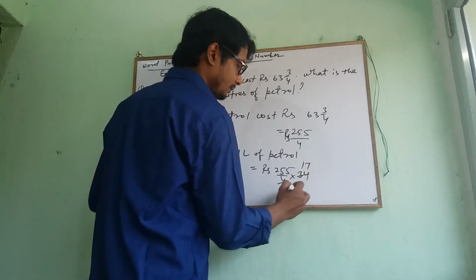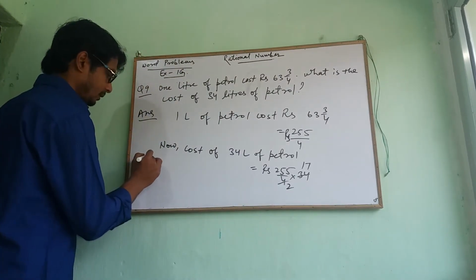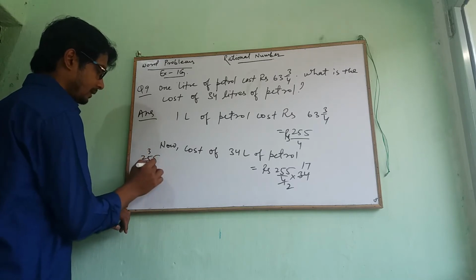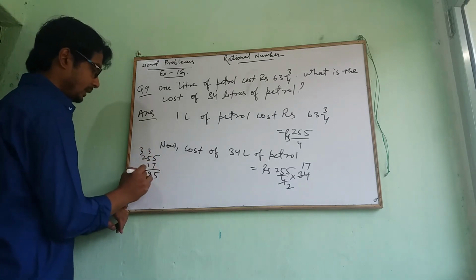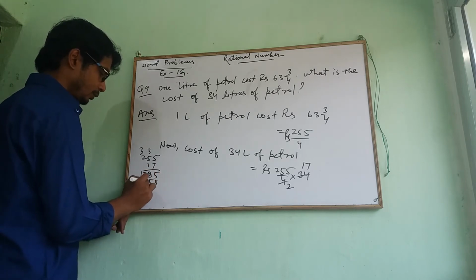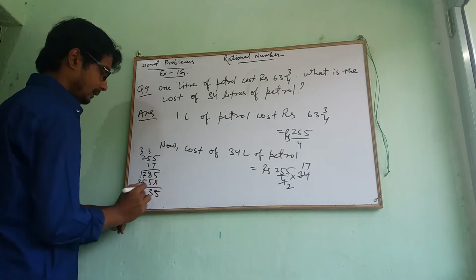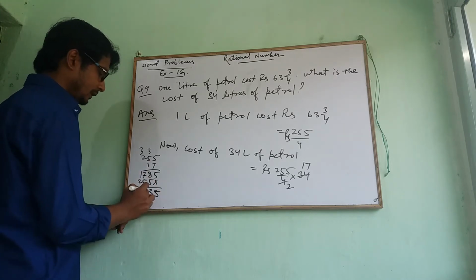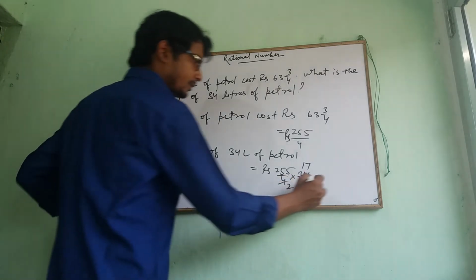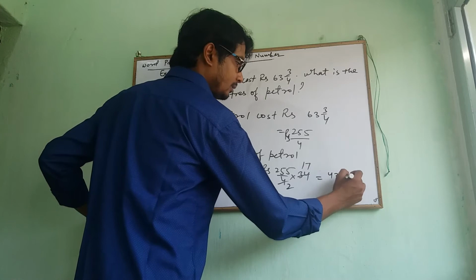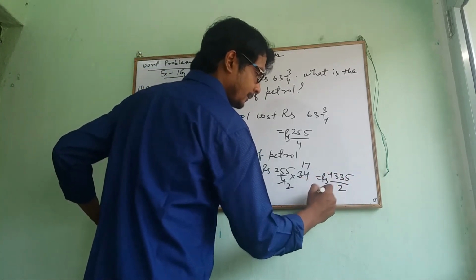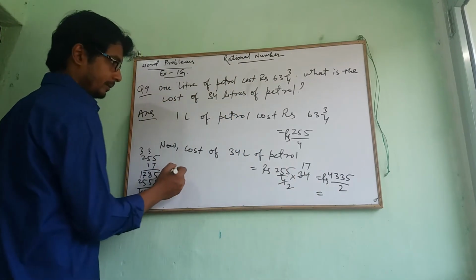It becomes 17, this becomes 2, multiply 255 with 17. So this becomes 4,335 by 2 rupees. So you can convert this into a mixed fraction also.